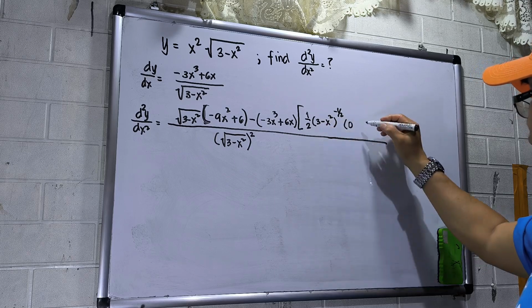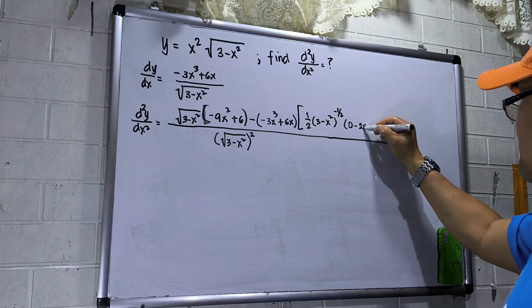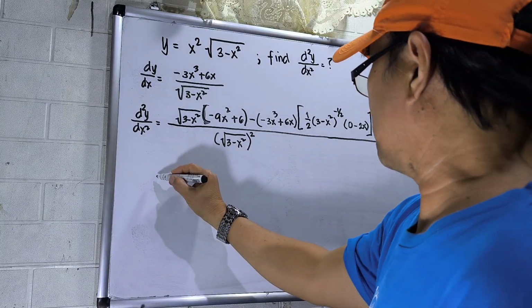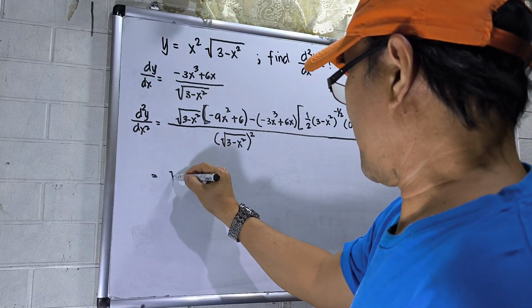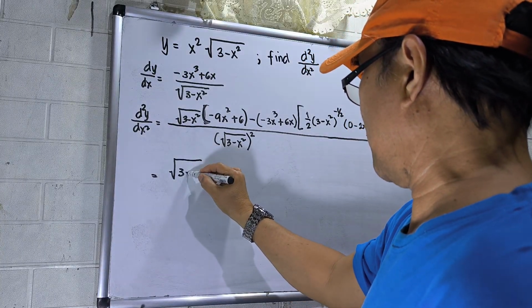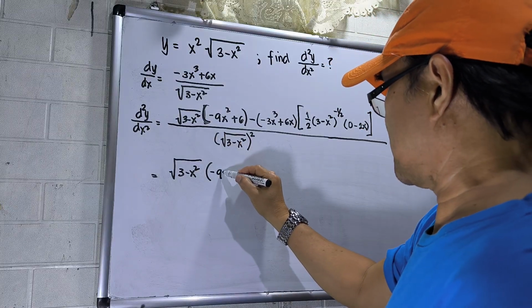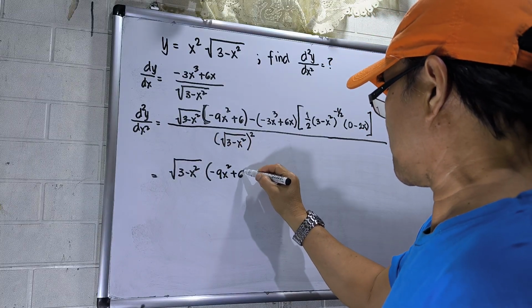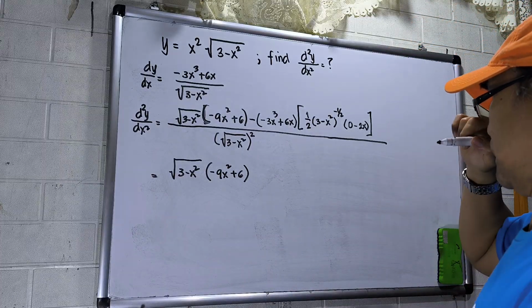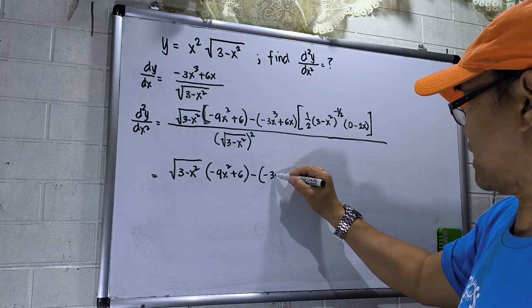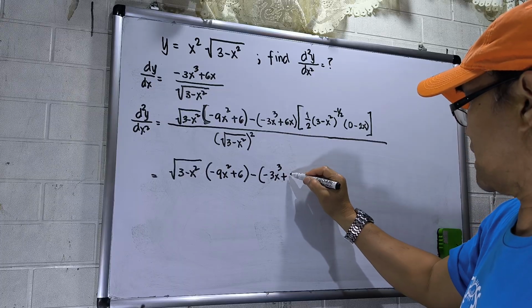Derivative of x squared, that will be negative 2x. And this will be close. Okay? So this will be square root of 3 minus x squared, circle brackets, minus 9x squared plus 6. Then this will be minus, circle brackets, minus 3x cubed plus 6x.